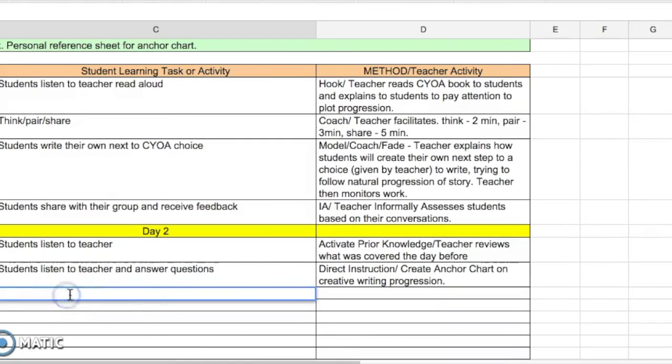Then I'm going to be explaining a pretty big activity, so I'm just going to put students listen to teacher.